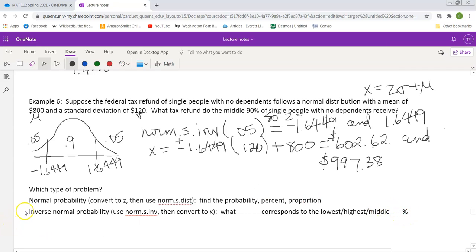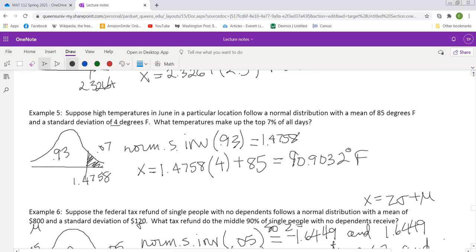That's how you know these are inverse normal problems. Like this one up here: what temperatures make up the top 7% of all days? They gave us the percentage, and then they asked us to find the temperatures that corresponded to that.